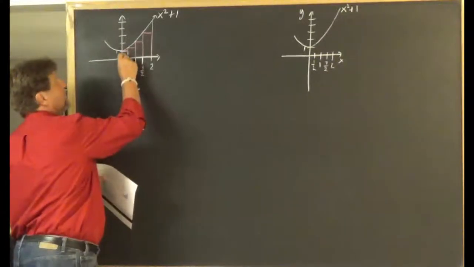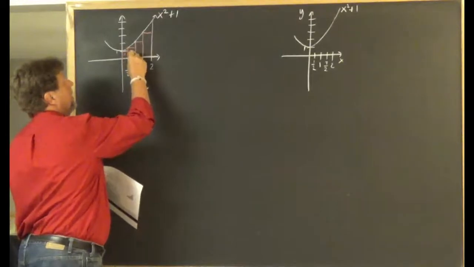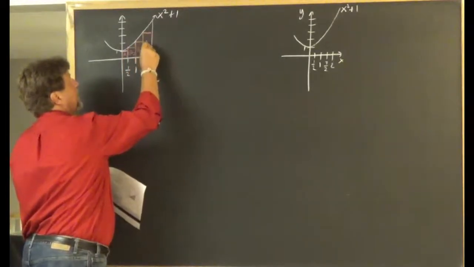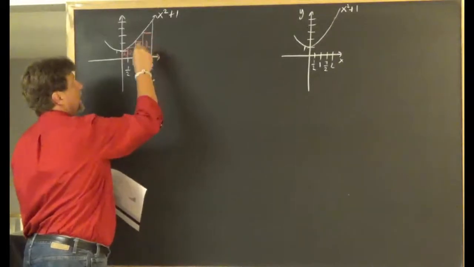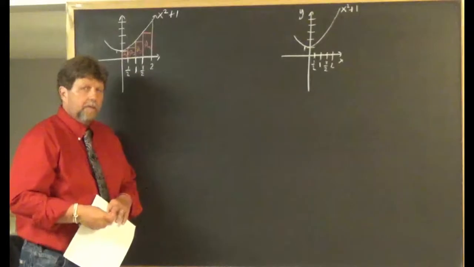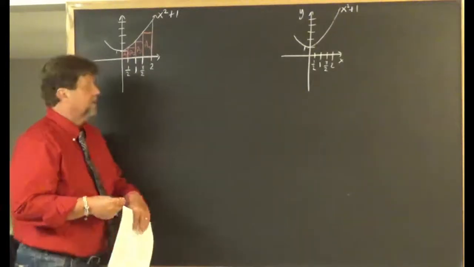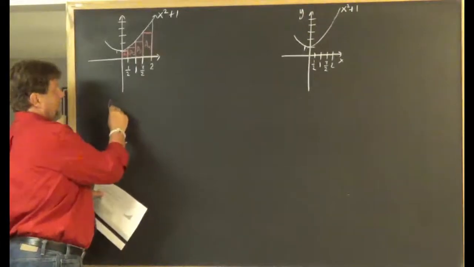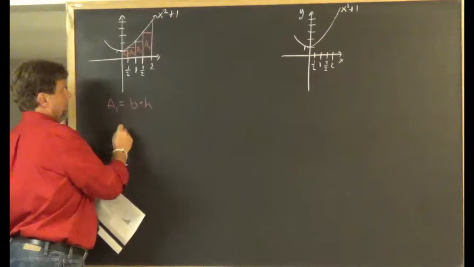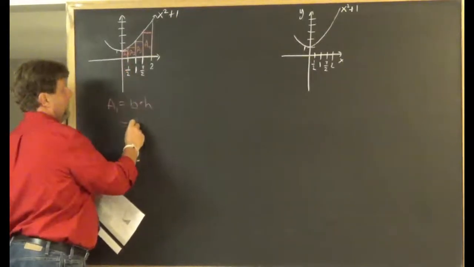To help organize my work, I'm just going to number these rectangles. Let me call the first one A sub 1, the second one A sub 2, the third one A sub 3, and the fourth one, yeah, that's it, A sub 4. So let's start finding the area of these rectangles. So rectangle 1, it's base times height. The base is 1/2.